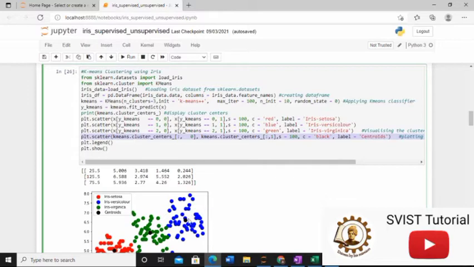Means first the black dots will be selected, then according to the black dot reference, the rest of the dataset will be grouped together. So what is the basis on which we are creating the group? So this is the second observation that we have to understand.